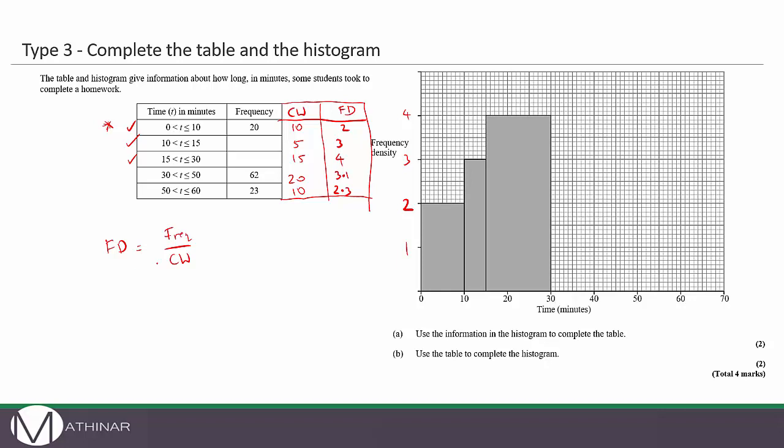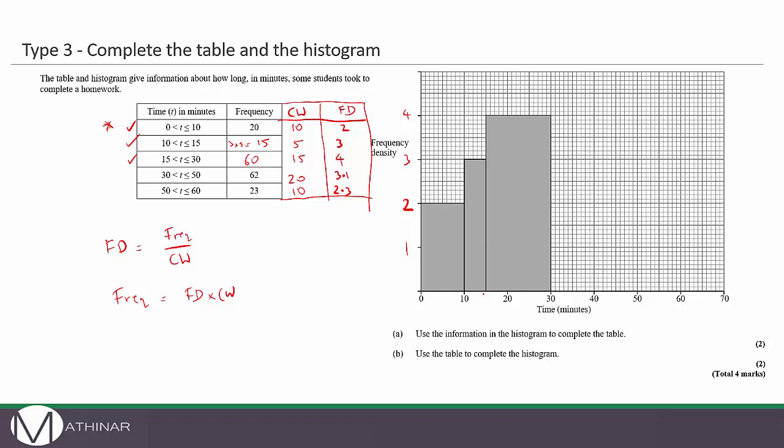And then if we rearrange this formula, so frequency is equal to frequency density multiplied by class width, we can work out these missing frequencies. So this frequency here is frequency density times class width, so that's 3 times 5, so 15. And this one here is going to be 4 times 15, which is 60.